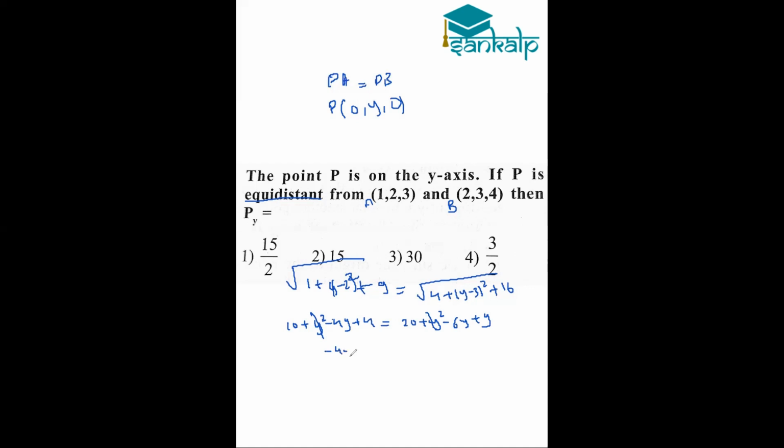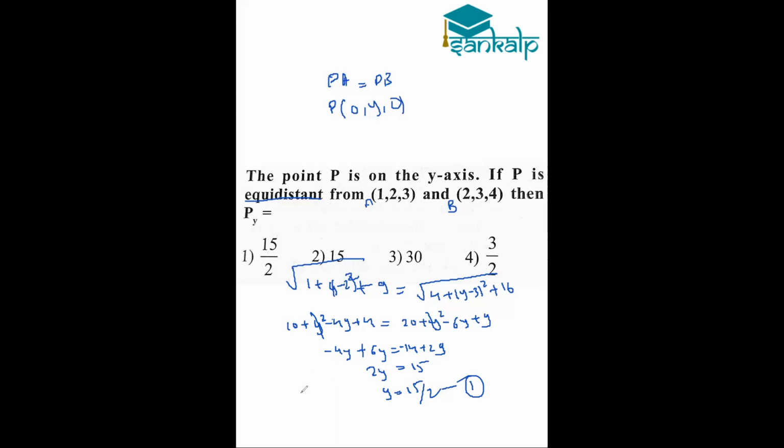We get minus 4y plus 6y equal to 14 minus 14 plus 29, so minus 14 plus 29 is 15, and this is 2y. So y will be equal to 15 upon 2. The y coordinate is 15 upon 2, so option 1 gives us the right answer.